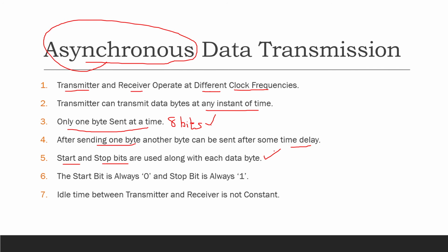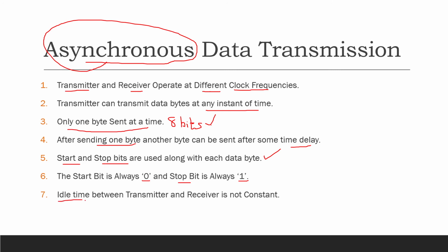More specifically, start bit is 0 and stop bit is always 1. So you should keep in mind that while adding start bit and stop bit to our bytes, we prefer to add 0 in the starting position and 1 in the ending position.